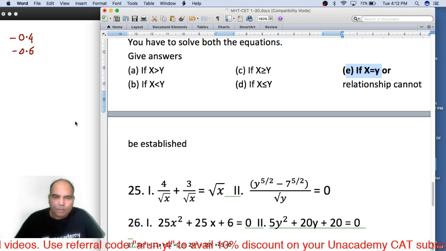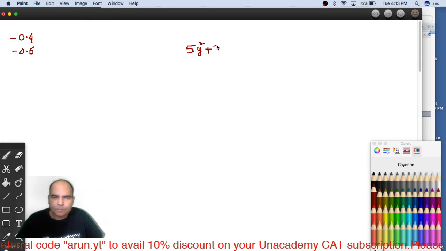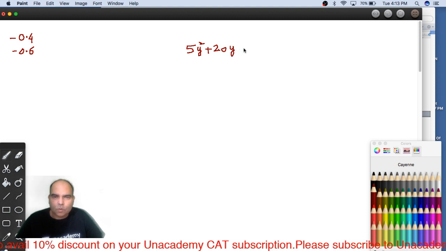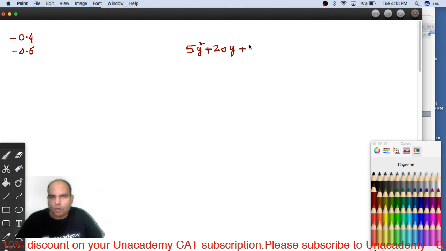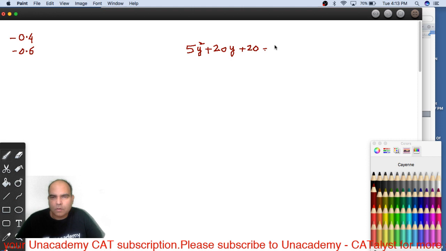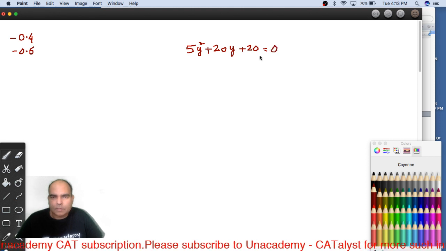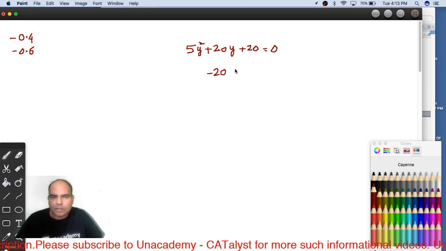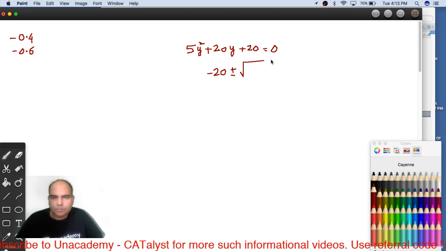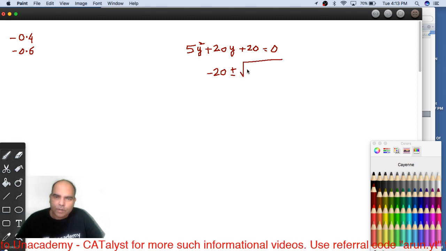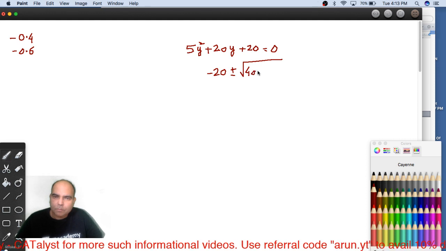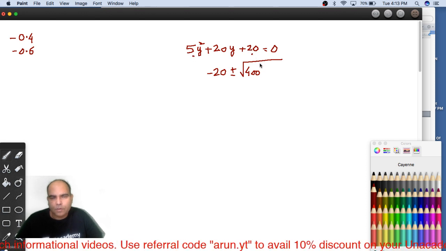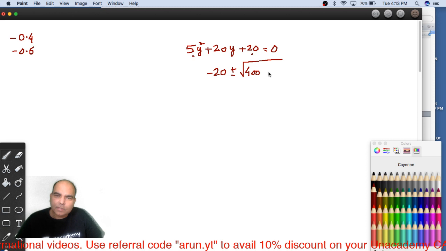So 5y square plus 20y plus 20 is equal to 0. So if you solve this, the roots of this equation would end up as minus 20 minus b plus minus under root b square, that means 400, minus 4ac, 4 times a into c, 5 into 20. 4 times 5 into 20 is 400.